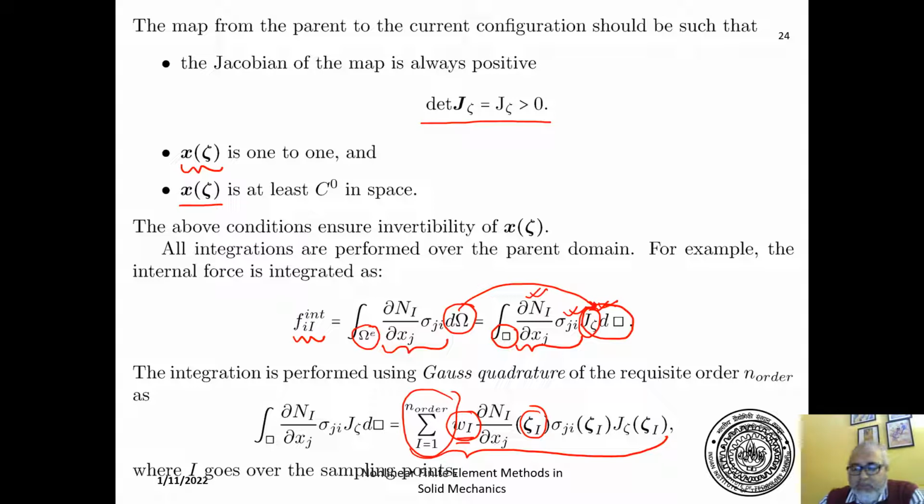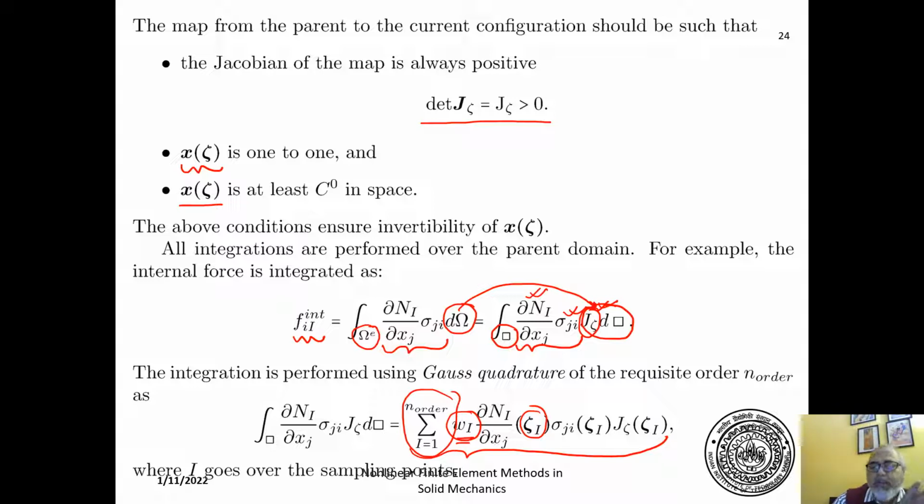We will be using the isoparametric formulation, and particularly we will be interested in rectangular elements most of the time. So we will be mapping them from squares or cubes in the parent space, and we will be performing Gauss integrations over domains that range from -1 to 1 in all the three parent variables, parent coordinates. The isoparametric formulation for triangles is also well established, and you can find it in basic textbooks on finite element.